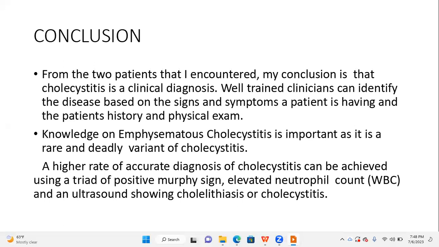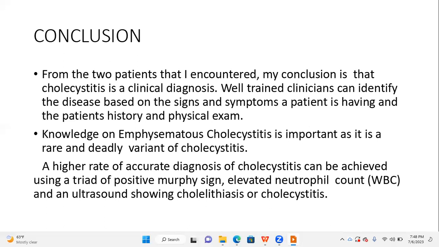So my other concern or emphasis is the knowledge on emphysematous cholecystitis, since emphysematous cholecystitis is a rare and deadly variant. Sonographers are supposed to have an idea of this variant of cholecystitis.